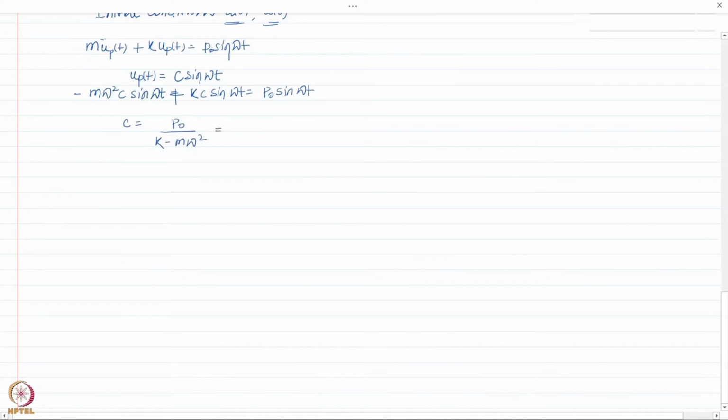And I can further rearrange the terms here to get p naught by k, divided by 1 minus omega square over k by m. And I know that k by m is nothing but omega n square, so I am going to substitute that here to get omega by omega n whole square.